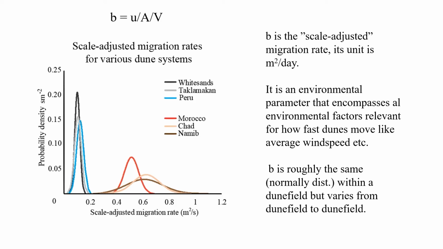So what you do is you divide the speed of the dune by its corresponding surface to volume ratio. And by doing that, you can see that this value, scale adjusted migration rate, or B, is basically the same for every dune within a dune field, but it's widely different from dune field to dune field. And it corresponds basically to all environmental parameters that affect the motion of this dune.